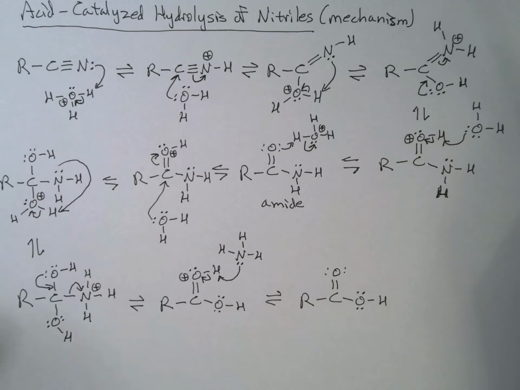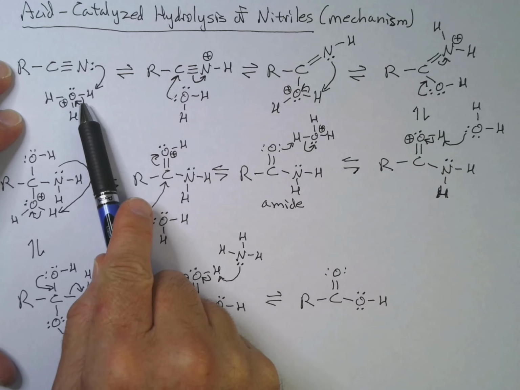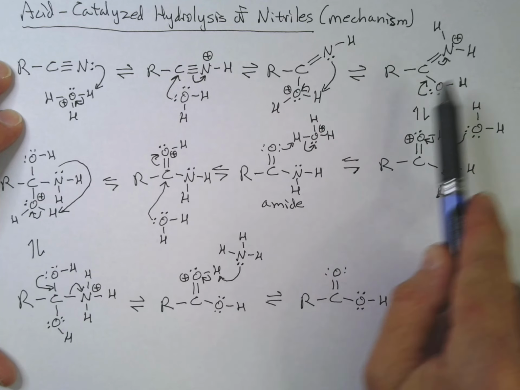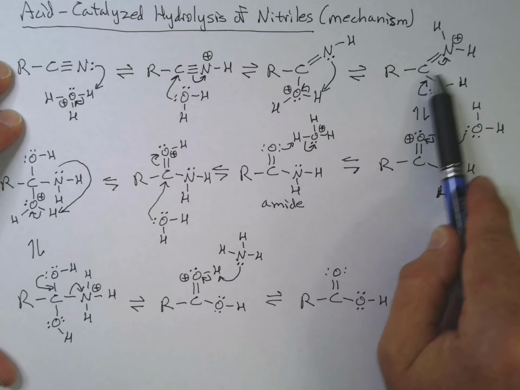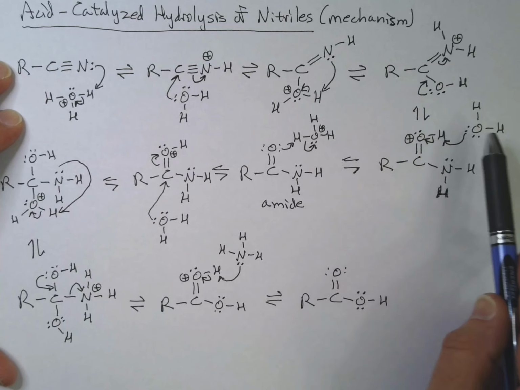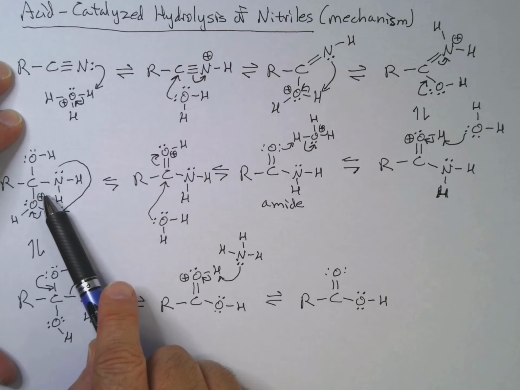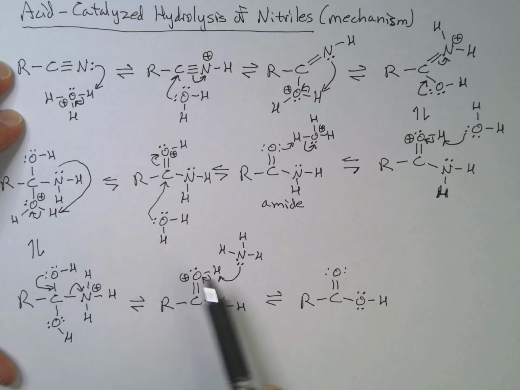One of the reasons I'm not assigning this, like we're not going to put it on a quiz or an exam, is because it's a little repetitive. What do I mean by that? Well, we're doing a bunch of the same thing over and over again. We have proton transfer, nucleophilic attack, proton transfer, rearrangement of electrons, proton transfer, nucleophilic attack, proton transfer, loss of leaving group, and proton transfer.